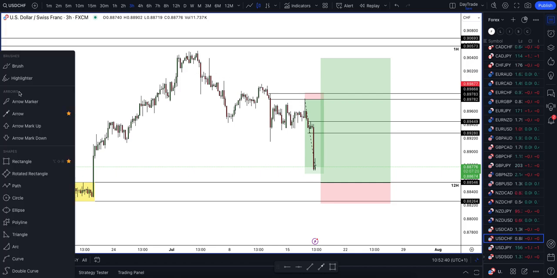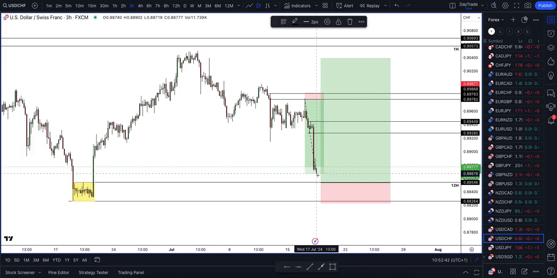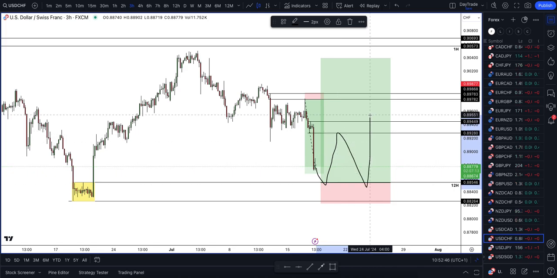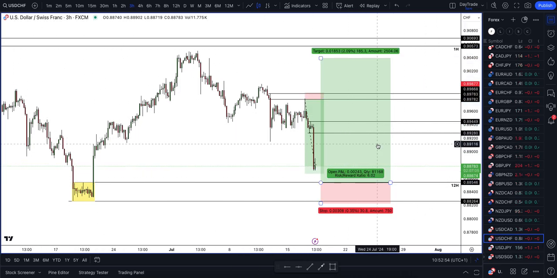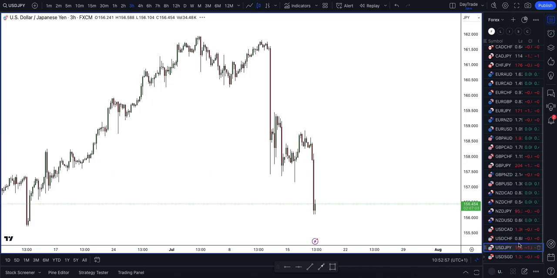What we might end up doing is something like this: bounce, bounce, bounce, and then go up to the next supply area. So we'll try and monitor the trade and work our way through it.